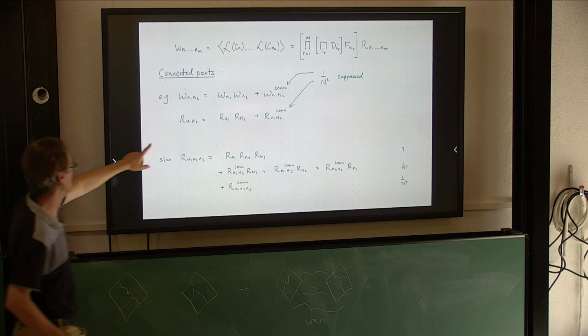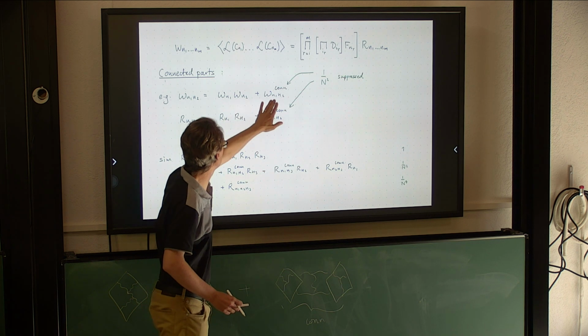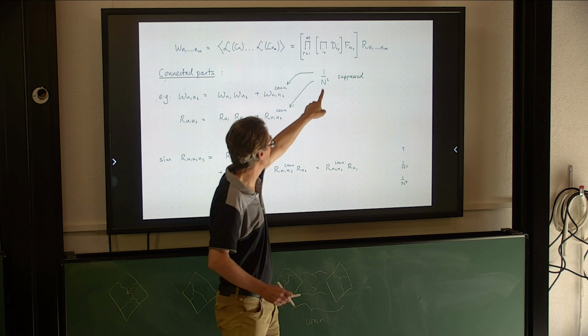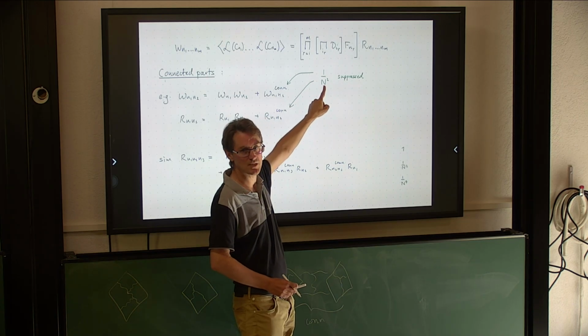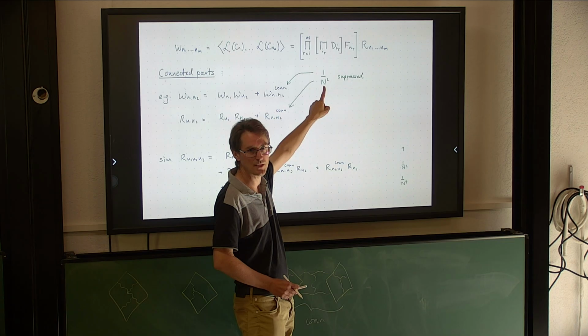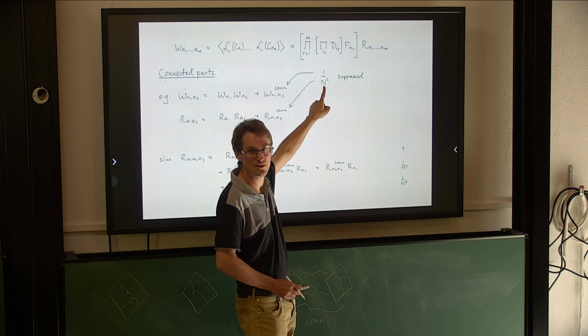Okay, so if I had two loops, there will be a connected piece as well as the factored piece, and the connected piece will actually be suppressed in the large n limit. So the leading term in the large n limit will be the factored piece, and then the connected piece will be at least one order 1 over n squared down for large n.